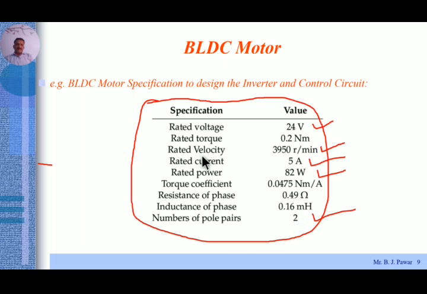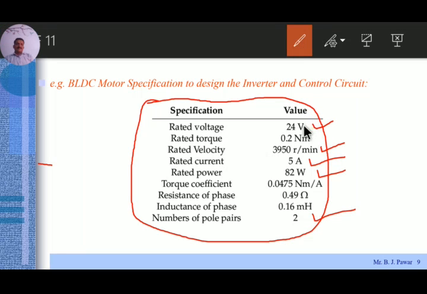Now the last one, rated velocity, purposely I kept this specification at the end. Why is rated velocity important? Because this specification indicates what? It indicates the maximum speed of that DC motor per minute, that is 3950 RPM, revolutions per minute, correct?